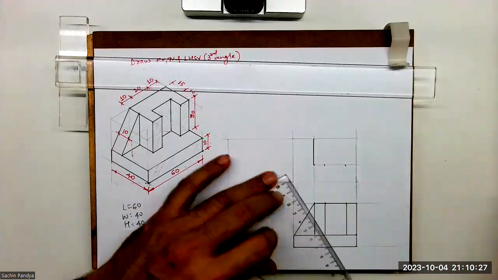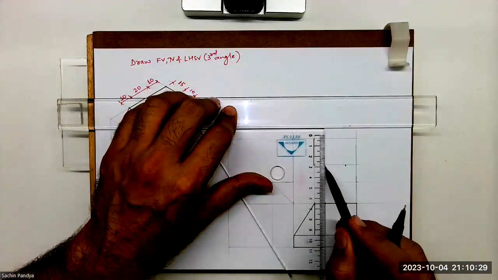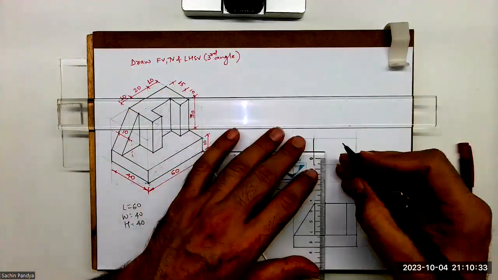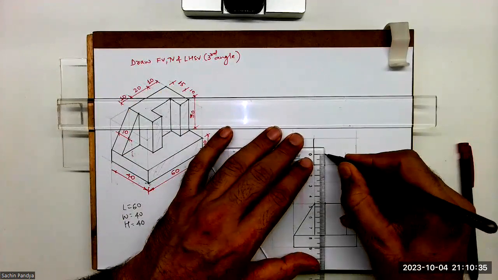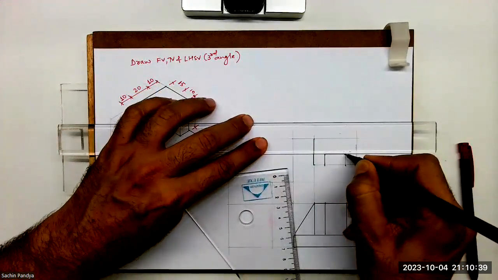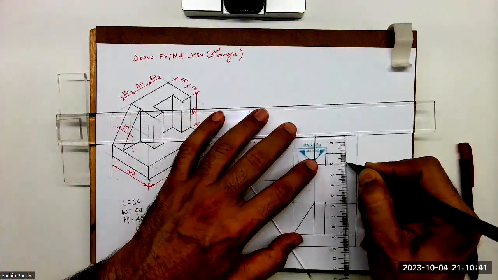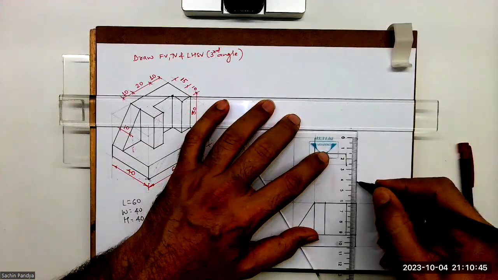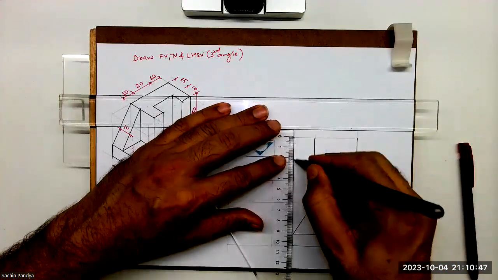You take 10 from here. Then draw a vertical line. How much is this? 10. You join from here. This is what you get in top view.